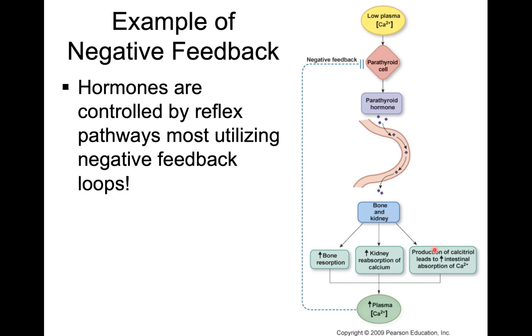And then it goes to the digestive system to produce calcitriol to increase intestinal absorption of calcium into the body from the foods that you ate. All three of these will increase blood plasma calcium levels, and higher calcium in the plasma will negatively feed back to the parathyroid cells, turning them off because now you have enough calcium in the blood.